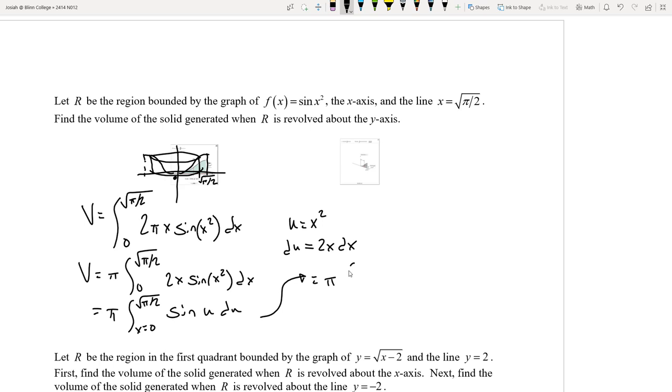So when we integrate, we take the antiderivative here, cosine of u. We know the derivative of cosine is negative, so we should have an opposite on that.